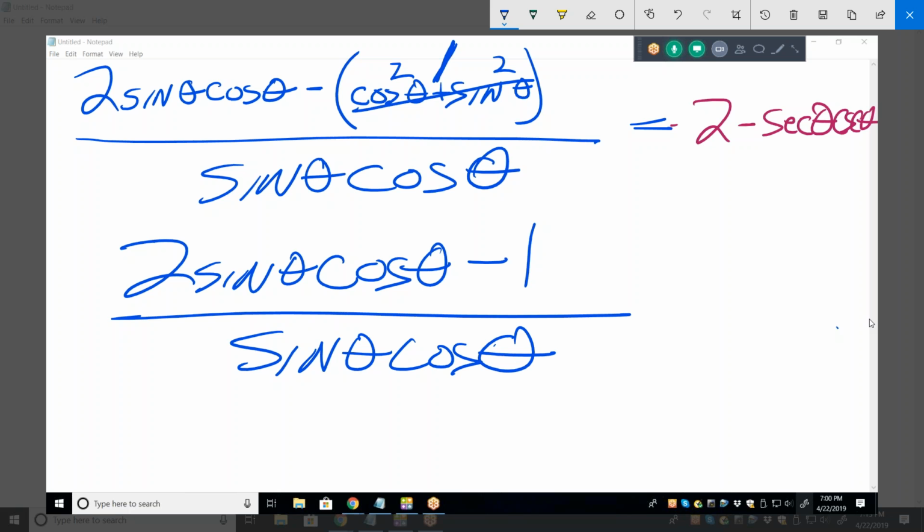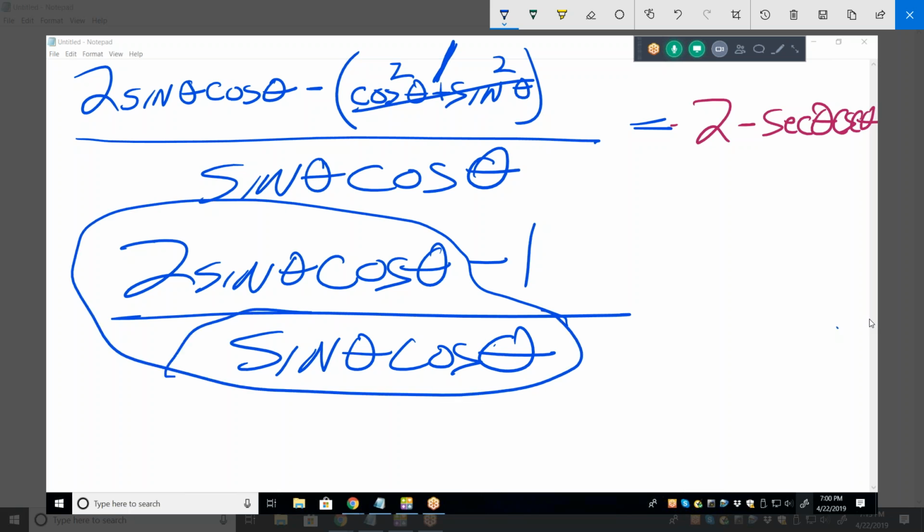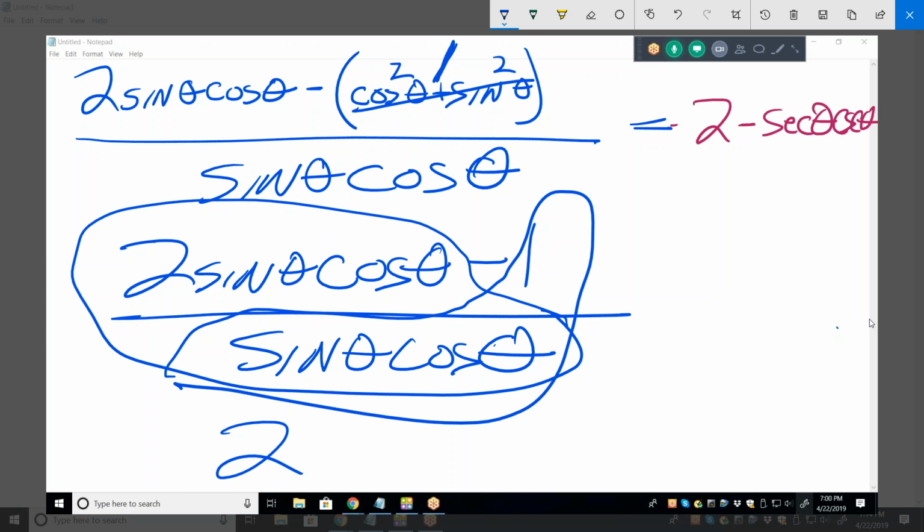Let's split this into 2 fractions. The 2 fractions being, that's one of them. That's the other one. When I put the first fraction, I get 2 sine theta cosine theta over sine theta cosine theta. That's just the number 2. When I split the other one, I get 1 over sine theta cosine theta.